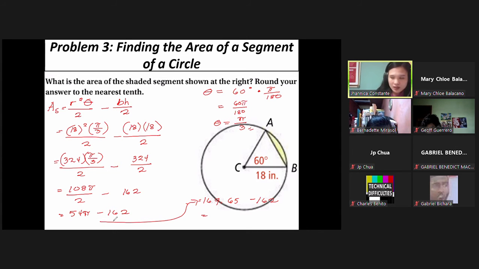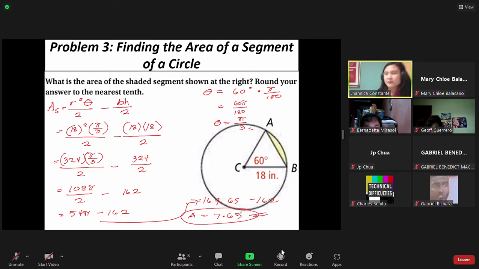So 169.65 minus 162 is equal to 7.65. So that's the area of our segment, which is equal to 7.65 inches squared. That's the area of our segment, given that the radius is 18 inches and a central angle which is equal to 60 degrees.